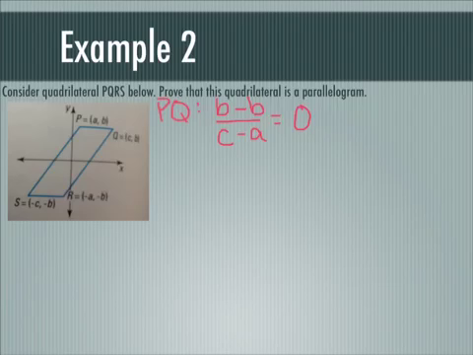Let's look at R, and what's that other letter? S. From R to S, I'm going to do negative B minus negative B over negative A minus negative C. Doesn't really matter because up on the top, what's negative B minus negative B still going to be? 0, right?